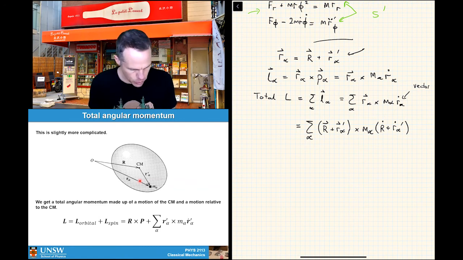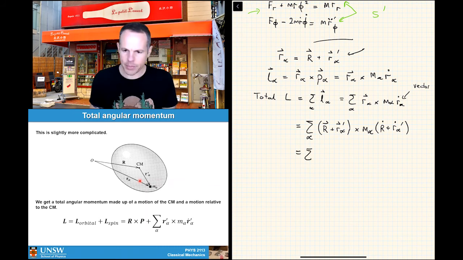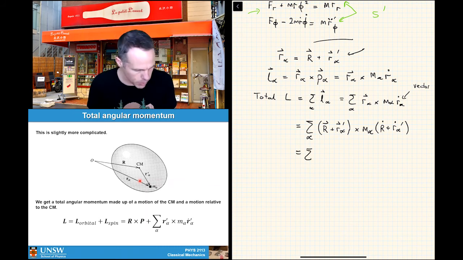All right, so this thing here now we can break up into a bunch of terms, right? Taking the individual components out. So this will now be sum, and I'm going to drop the alphas off the sums because it's pretty clear what's going on here.